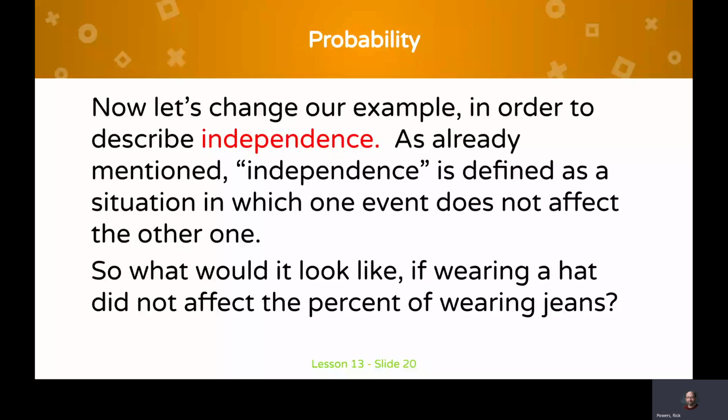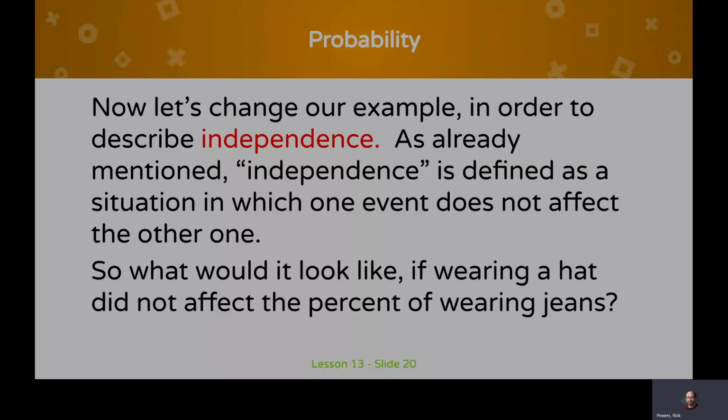Now let's change our example in order to describe independence. As already mentioned, independence is defined as a situation in which one event does not affect the other one. So what would it look like if wearing a hat did not affect the percent of wearing jeans?